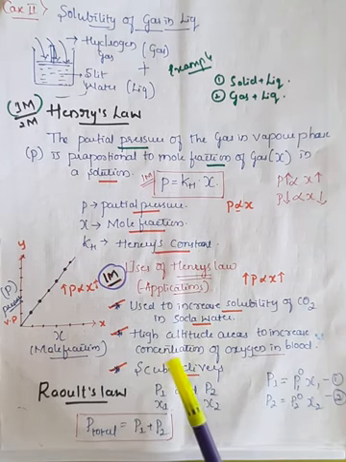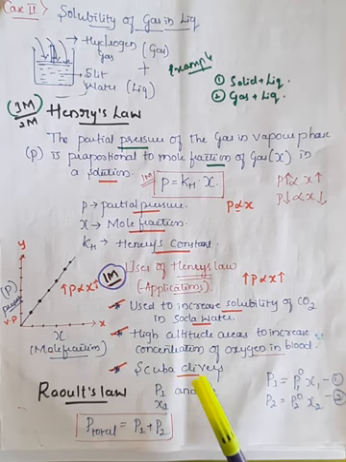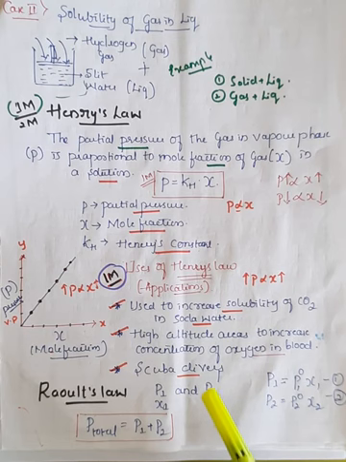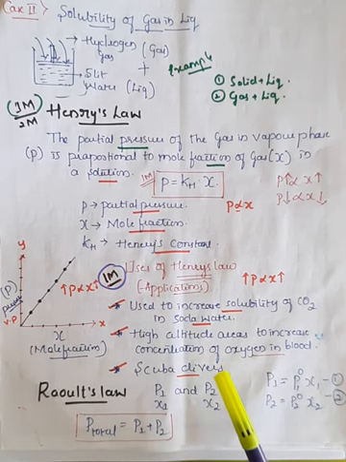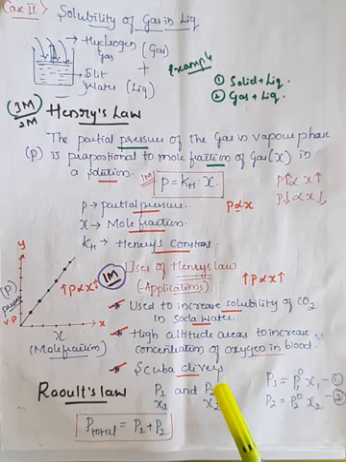The second one is in high altitude areas. As you go above, in mountains or any high altitude areas like hilly areas, the concentration of oxygen will be very low.